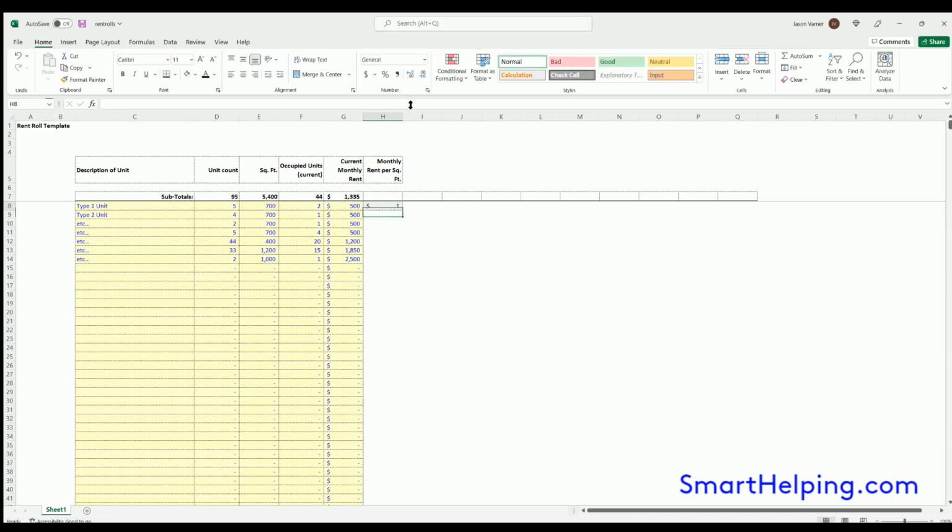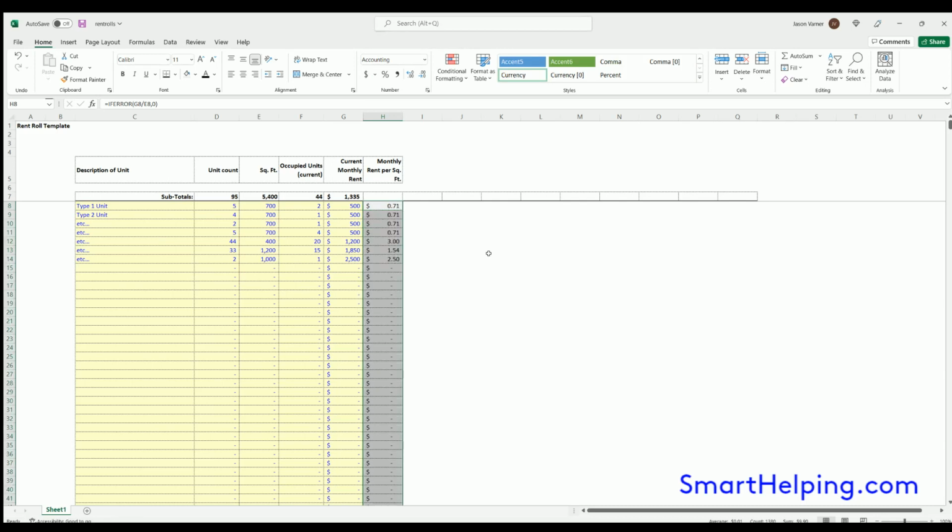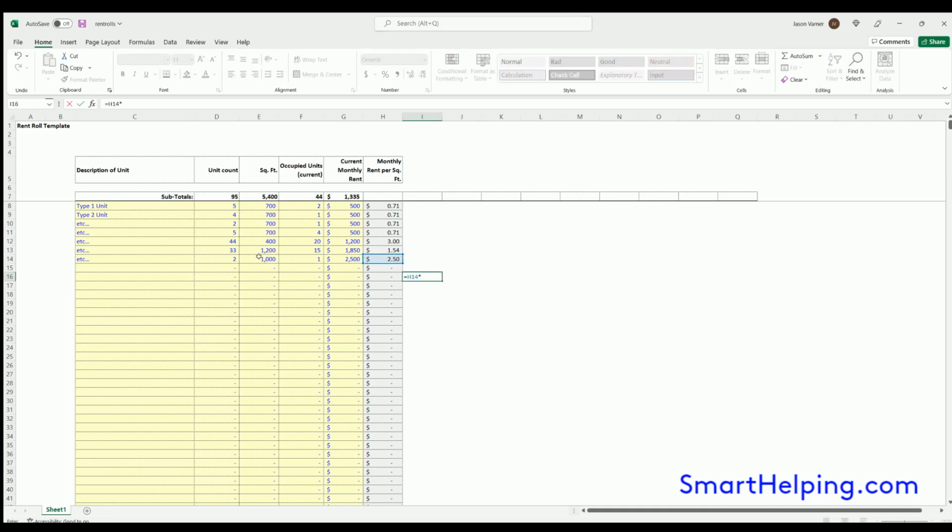So there, and that's definitely going to have decimals. So there's the rent per square foot per month. If you multiply this by the square feet, you get the monthly rent. So that's another number, and this you'll want the average, weighted average rent per square foot.